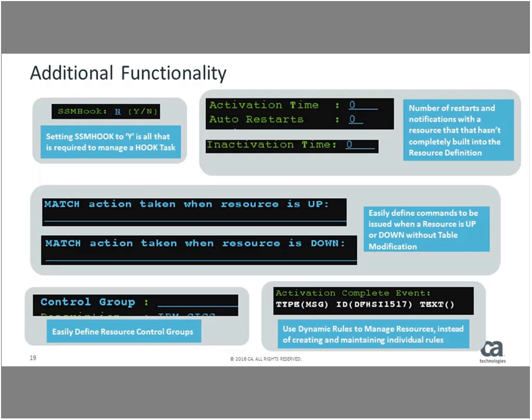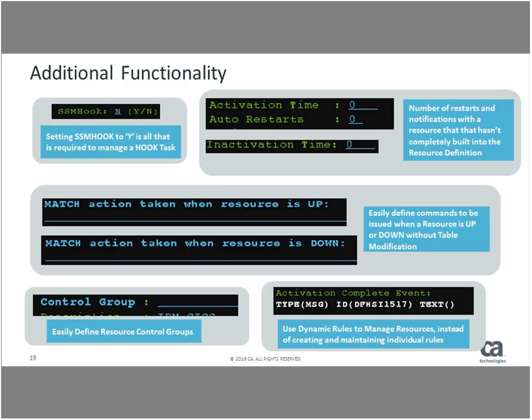Well, we've taken all that processing and we've put that into SSM, so now from these panels, all you have to do is set SSM hook to yes, and that's all you have to do. We take care of everything else behind the scenes for you in terms of getting that set up. That will definitely make it a lot easier to manage hook tasks going forward.